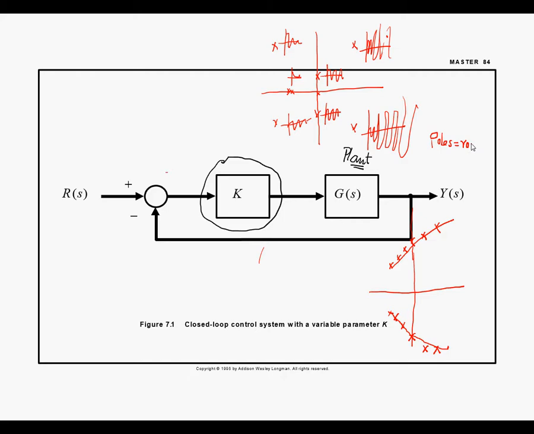So these are also the roots of the characteristic equation of the system, the denominator of the transfer function. So what he is saying is, with the change of the value of k, you change the position of the poles.